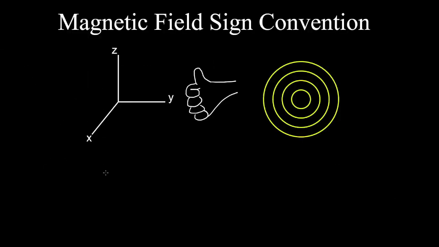Recall the Biot-Savart law, which allows us to determine the magnetic field due to a current flowing through a wire or a conductor.